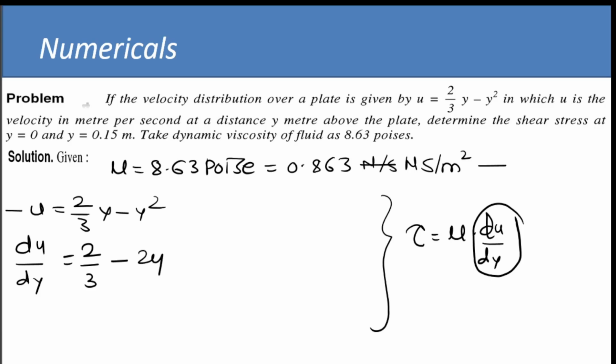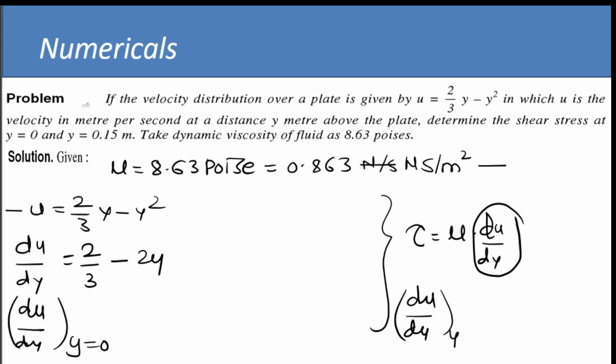Now it is asked to find out the shear stress at y is equal to 0 and y is equal to 0.15. So du by dy when y is equal to 0 and du by dy when y is equal to 0.15.